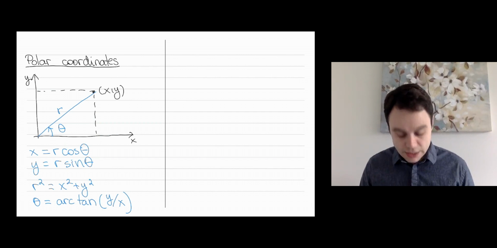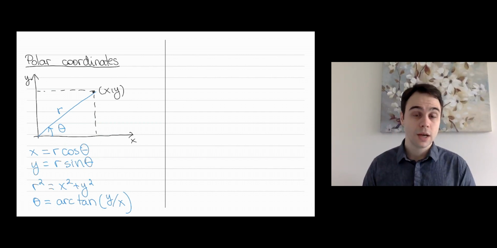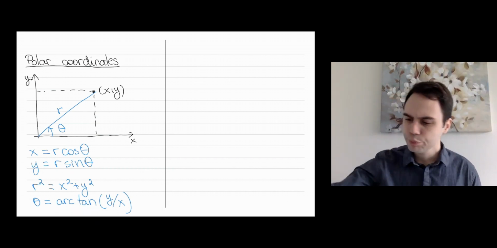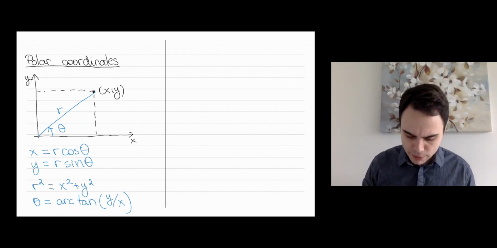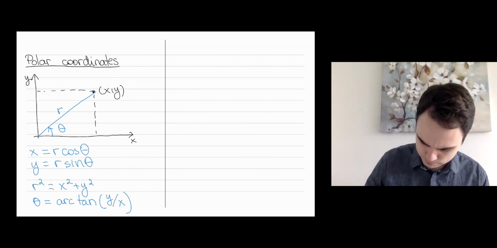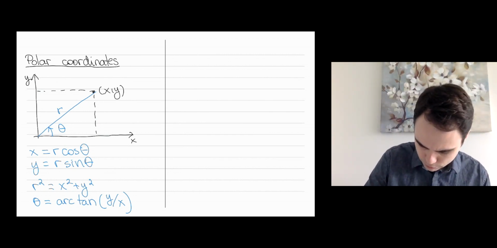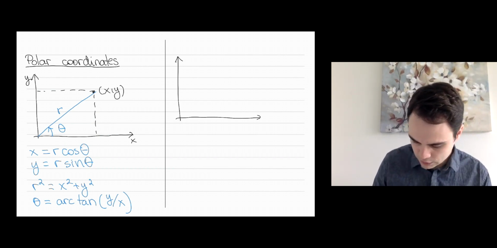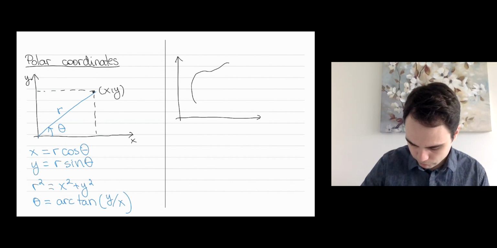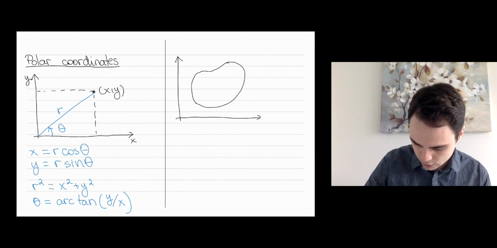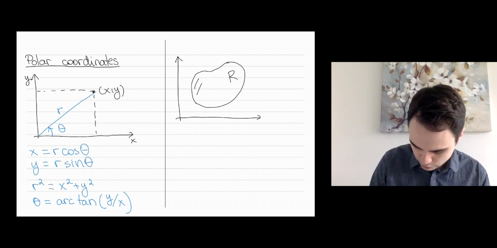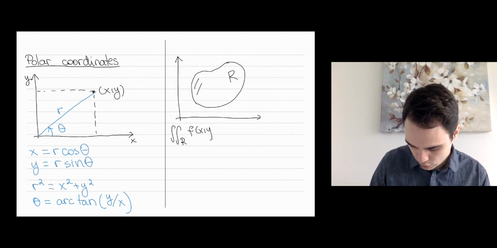Now, in this class, we'll be using polar coordinates to simplify double integrals. So let me show you how to set up a double integral using polar coordinates. So here's the situation. If we're integrating something, we're going to have some region R, and we'll be doing a double integral of a function f of x y over this region.